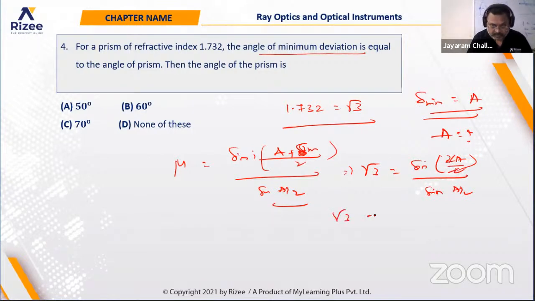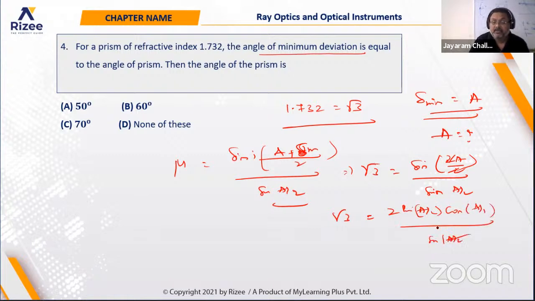So root 3 is equal to sine A, and in the denominator it is A by 2, and in the numerator it is sine A. That means it can be written as 2 sine of A by 2 into cos of A by 2 by sine of A by 2. These two will be removed here. So from this one, root 3 by 2 is equal to cos of A by 2.